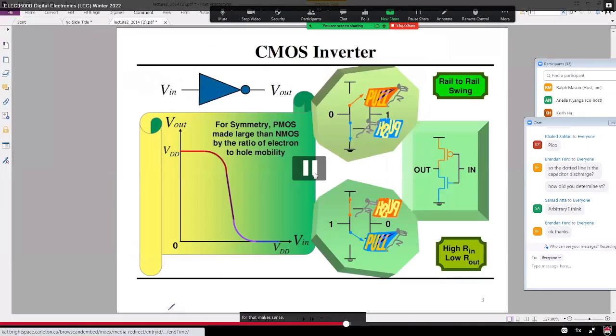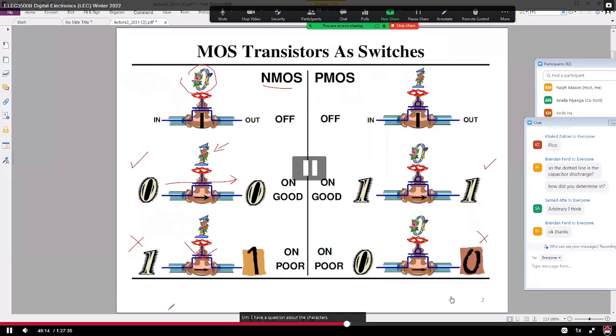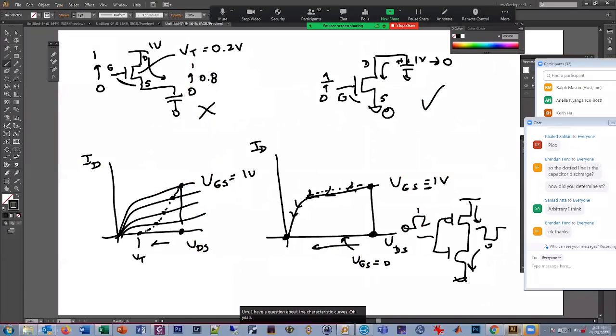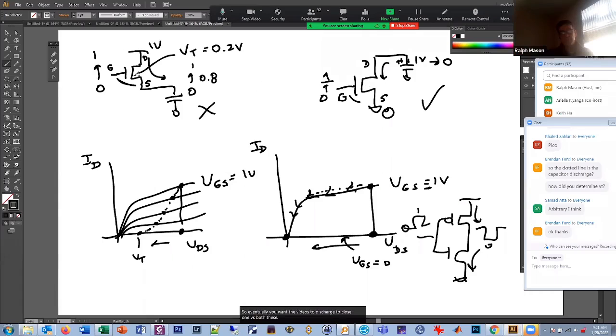I have a question about the characteristic curve. So eventually you want the VDS to discharge to close to 0. In both these cases, we want VDS to go to 0.